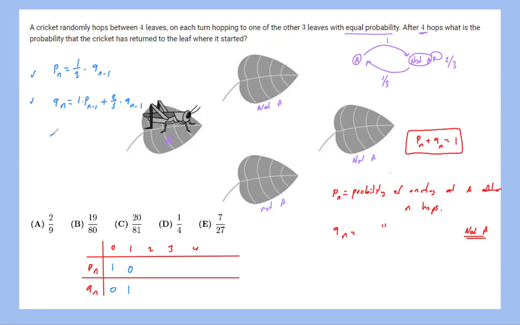Okay, so let's find P2. That is the probability that we end up at this location after 2 hops. P of 2, if you replace n with 2, is 1/3 times Q1. Q1 is this number, which is 1. If you multiply by 1/3, you get 1/3.